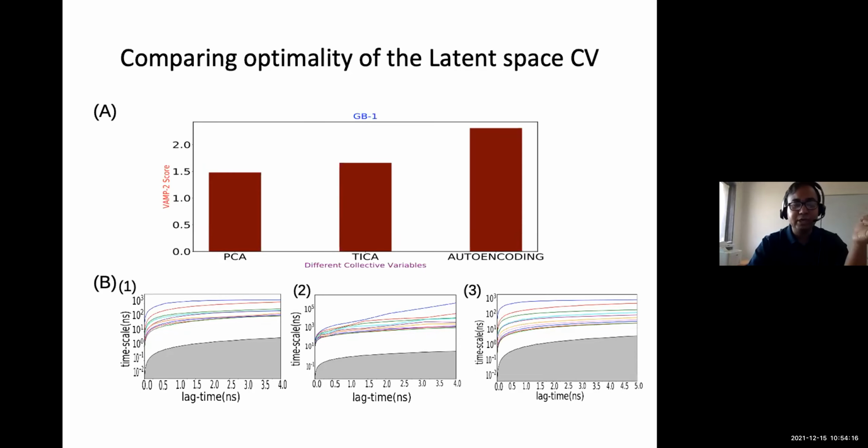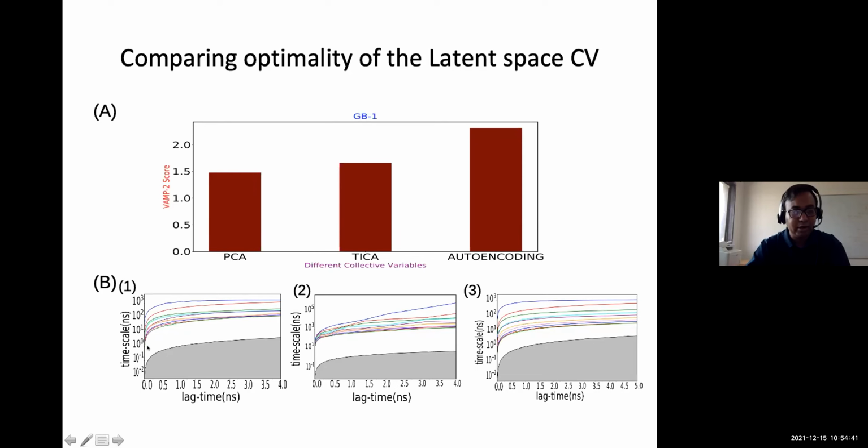So for GB1 we use PCA with the same input coordinates and figure out what result we get, and then we do the same thing for tICA and the autoencoder. For each of the CVs that we generated, we calculate the VAMP score, and we clearly found that the autoencoder provides a much higher score compared to PCA and tICA.